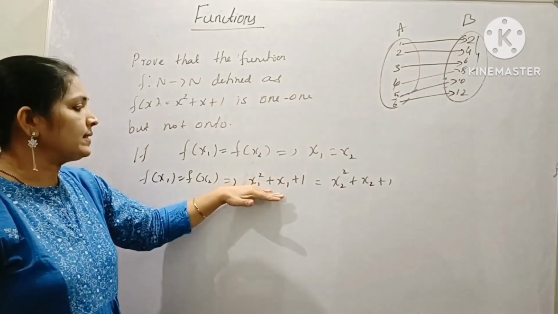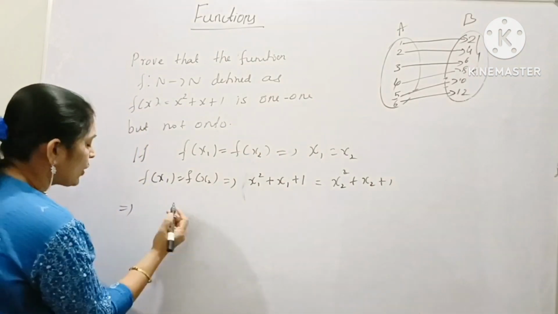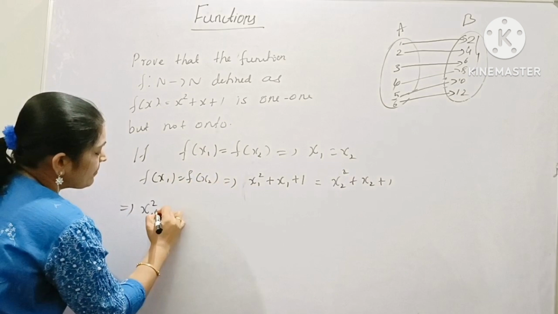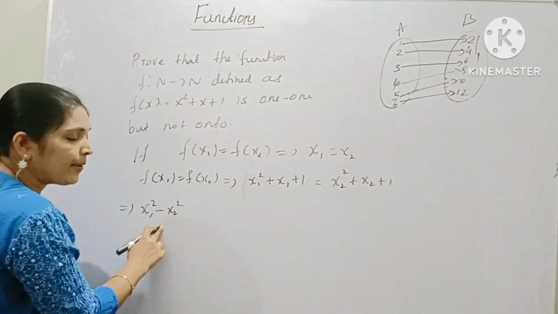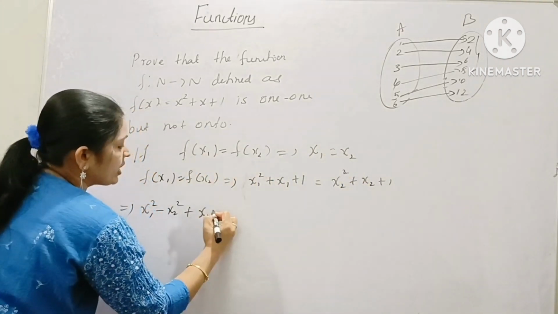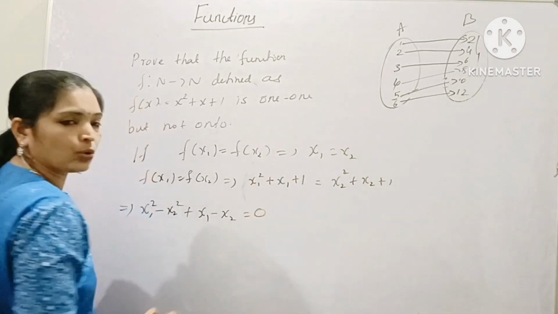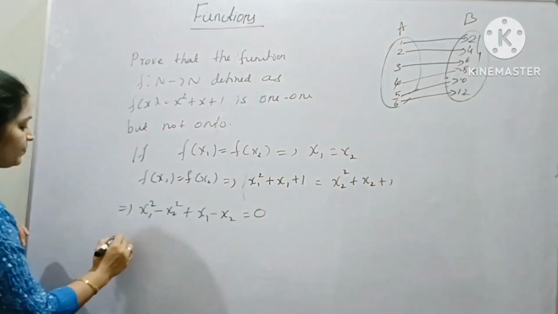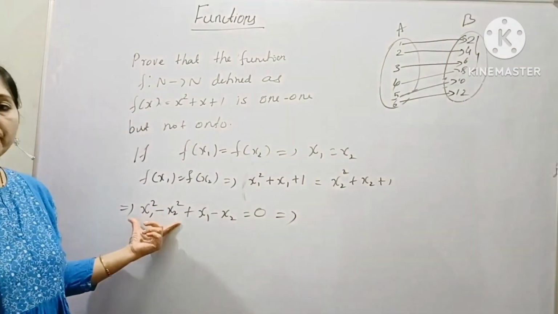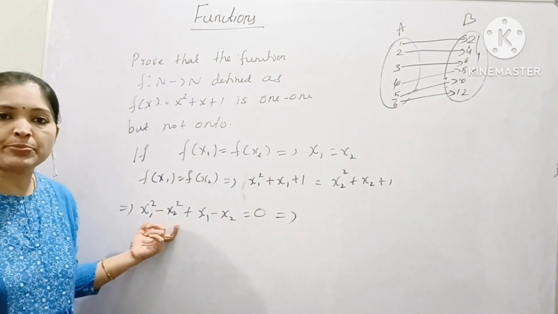So what is remaining? Take all these elements to the left side: x1 square minus x2 square, plus x1 minus x2, that is equal to 0. Now x1 square minus x2 square is of the form a square minus b square, right?